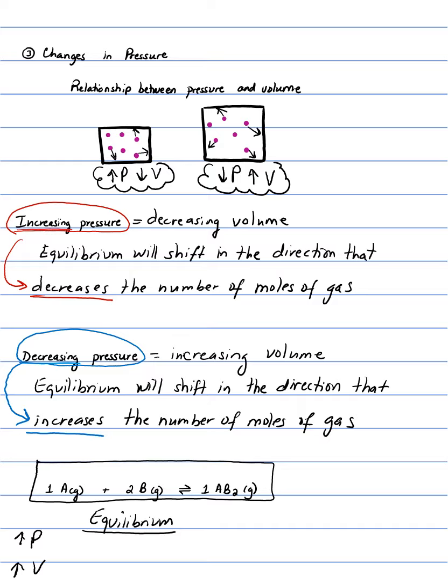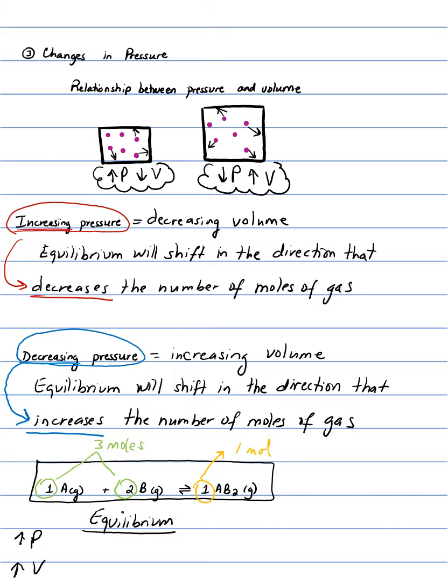So increasing the pressure, right there in red, would shift the equilibrium in the direction that decreases the number of moles of gas. So I'm going to mark my number of moles of gas on the reactant side. I have 2 for B, 1 for A. That's a total of 3 moles. On the product side, I have a total of 1 mole of gas.